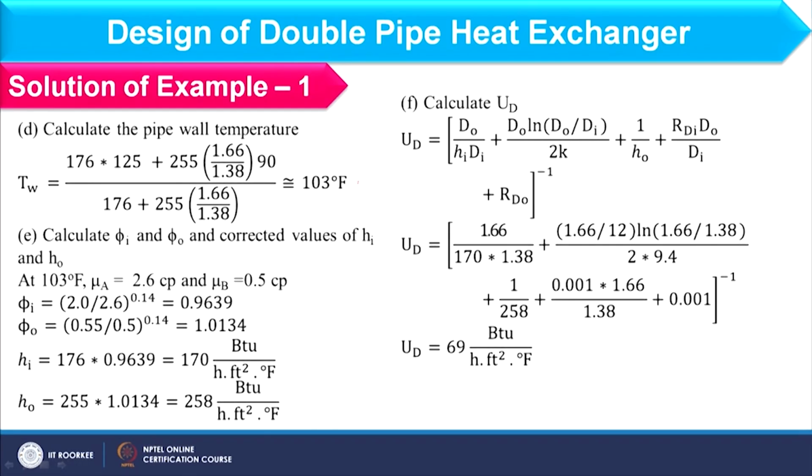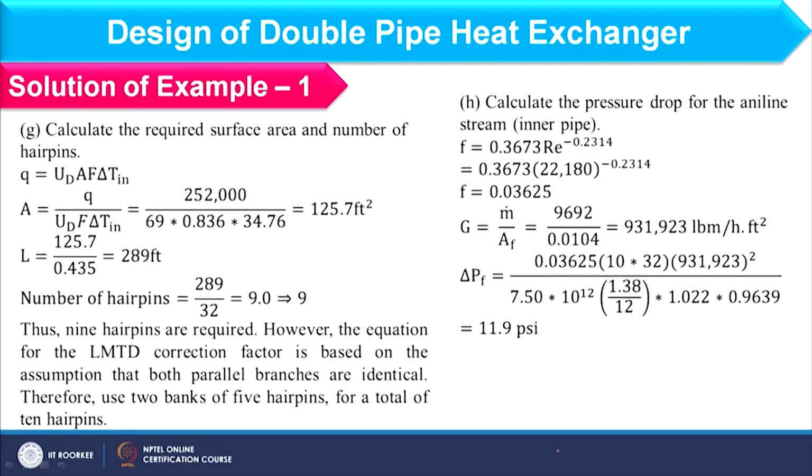We can calculate the wall temperature and then the viscosity correction factor and then the revised Hi and H naught value, and so the dirt factor, and so the overall heat transfer coefficient considering dirt factor, right. And then we will further calculate the total length, how much total length will be required. So, that comes out as 289, and this is corresponding to the previous calculation only. So, I am not going into detail of this.